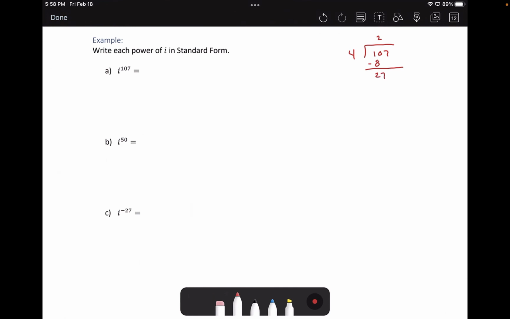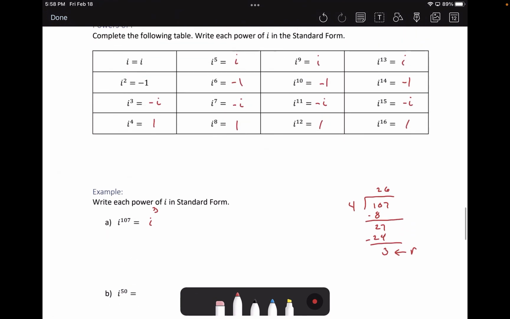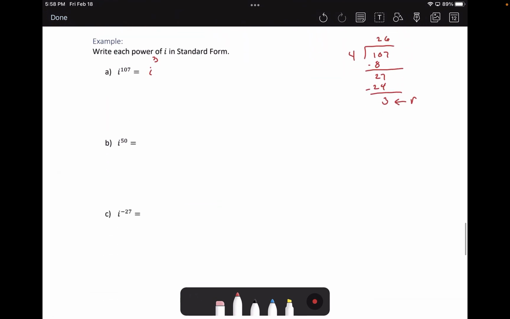Bring down the 7. 4 goes into 27 6 times. Multiply, we get a 24. Subtract, and we get a 3. So we have a remainder of 3. Remember, that's our remainder. What that means is i to the 107 is the same thing as i to the 3rd power, which if we look up here, that is negative i.